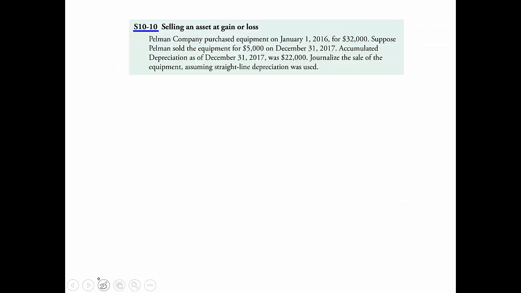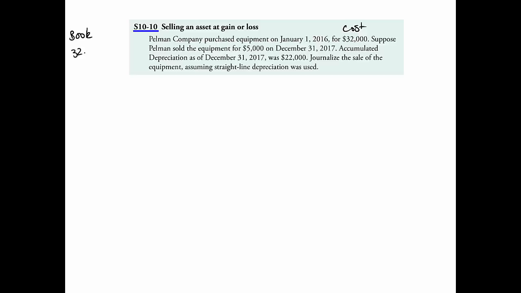Okay, in this one, the Pellman Company purchased equipment for $32,000, so there's my original cost. They sold the equipment for $5,000. Again, we sold it on December 31st, so we don't have to do that partial year. Accumulated depreciation was $22,000. So let's figure out the book value at the time of the sale.